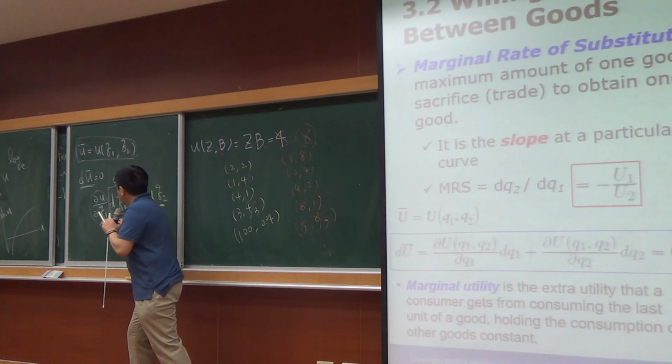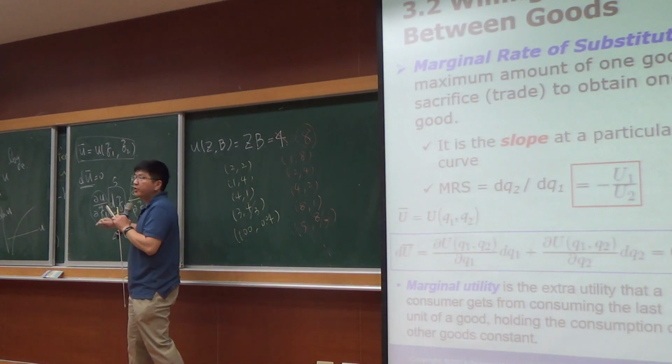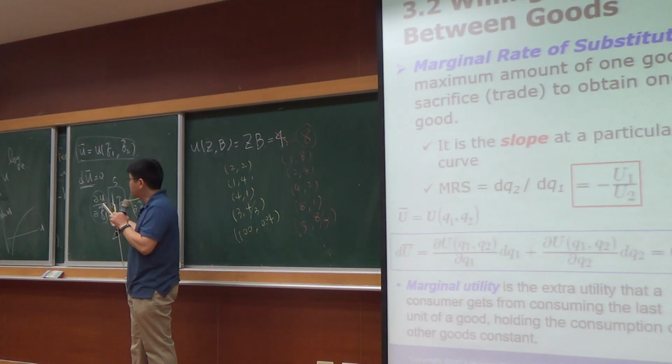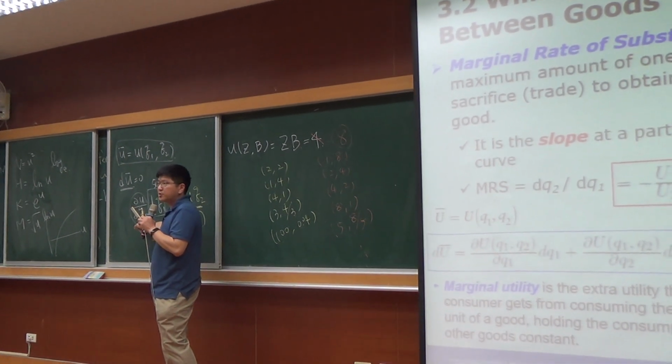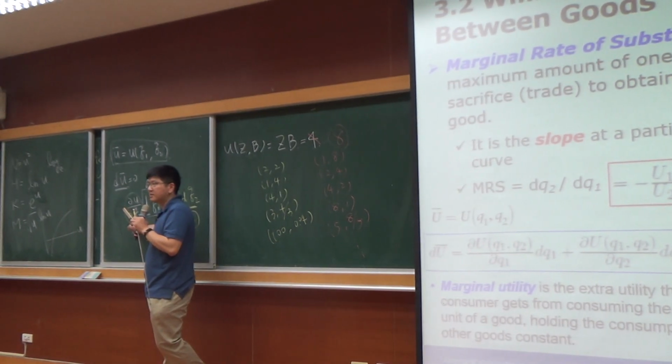So this term and this term, the partial differentiation term, which means without the change of another variable, so only Q1 changes, and Q2 remains constant here.